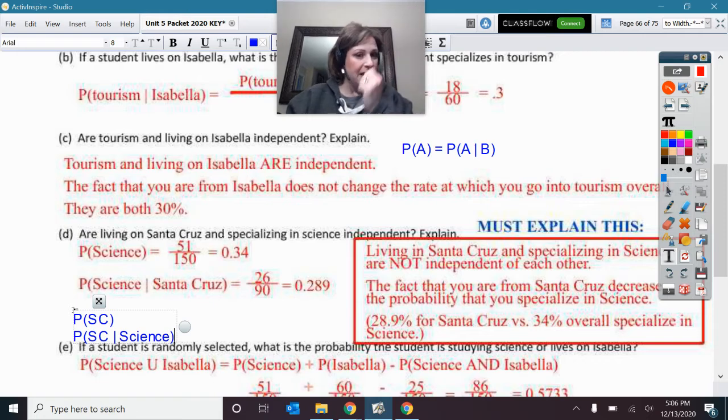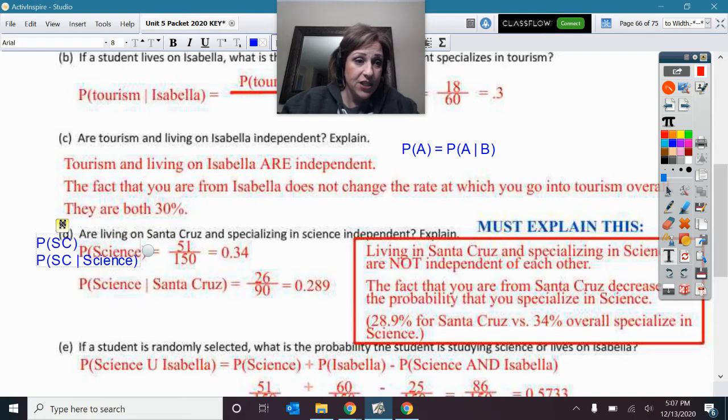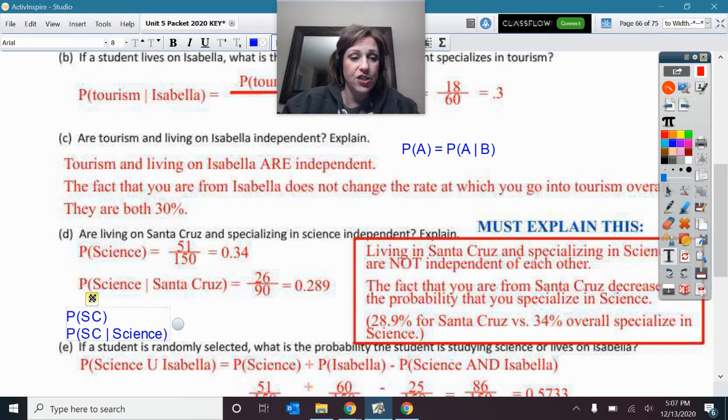But in my mind, we kind of wonder if the fact that you're from Santa Cruz is going to change the rate at which you go into science. Either one of these is acceptable, but truthfully, I think doing it the way that I had shown it here in red indicates you understand the context of this problem and you know that the explanatory variable is probably where you're coming from.